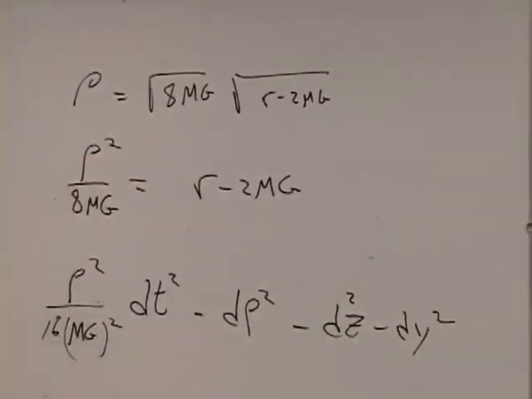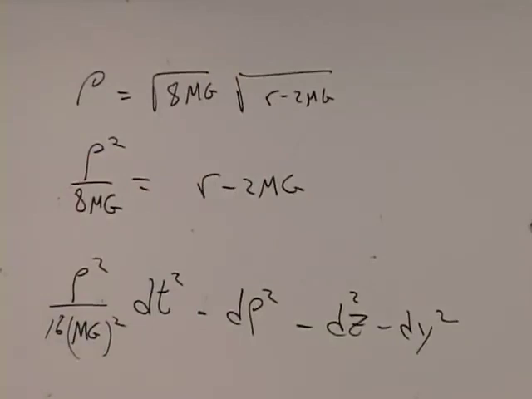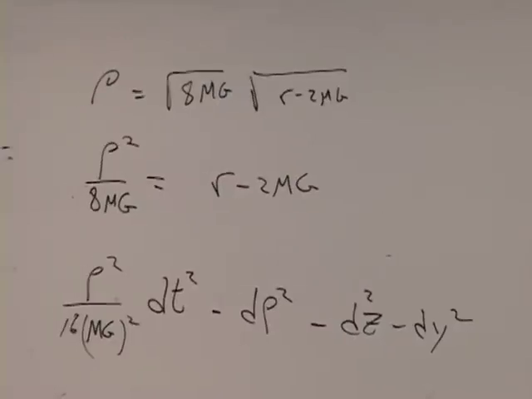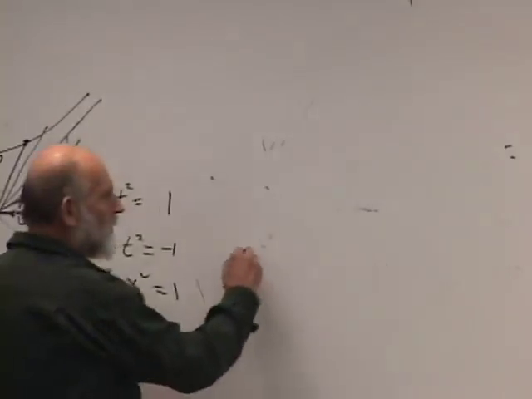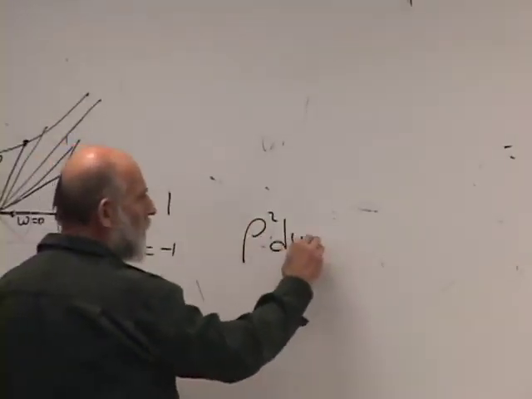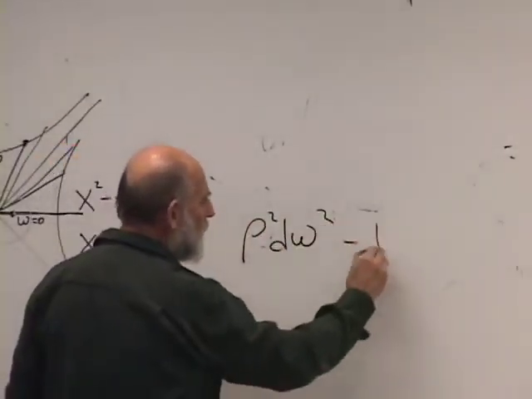We're almost there. What are we comparing this with? Let's go back. Where is my Rindler metric? My polar coordinate metric was rho squared d omega squared minus d rho squared.